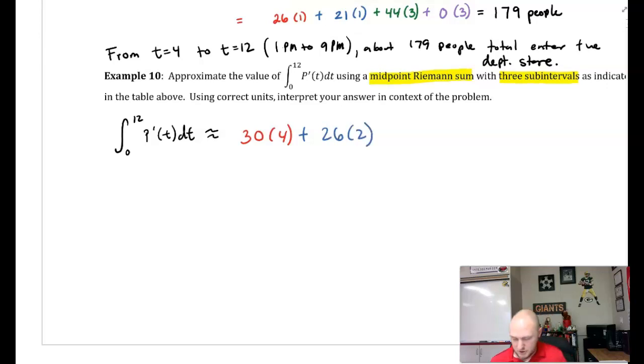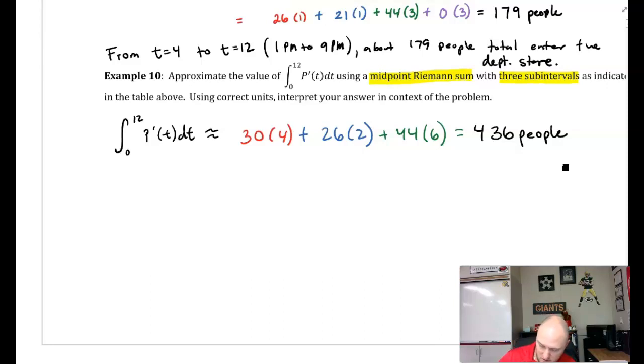So 26 times 2 plus 44 times 6. Okay, and this is going to be equal to, and you can just trust me on this one, 436 people. Because again, our rate is people per hour, and this is times hours. So 436 people. What does that mean in the context of the problem?